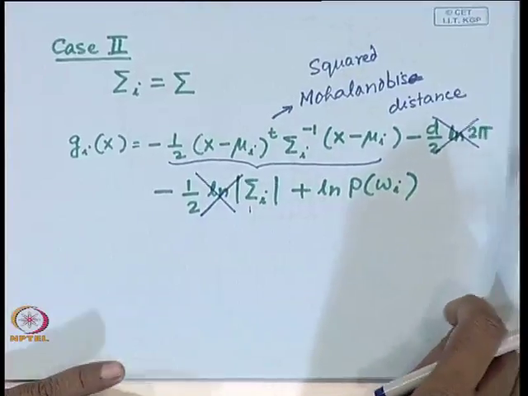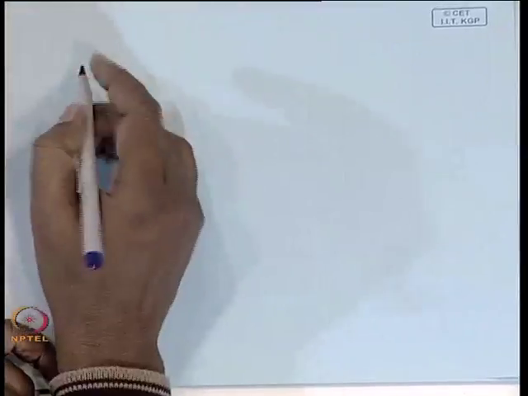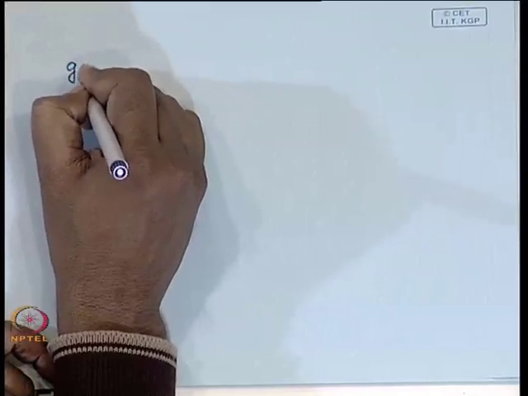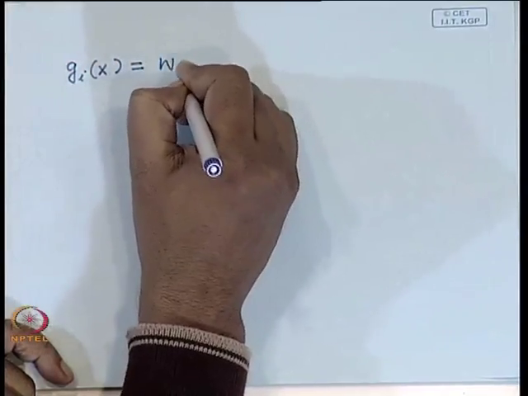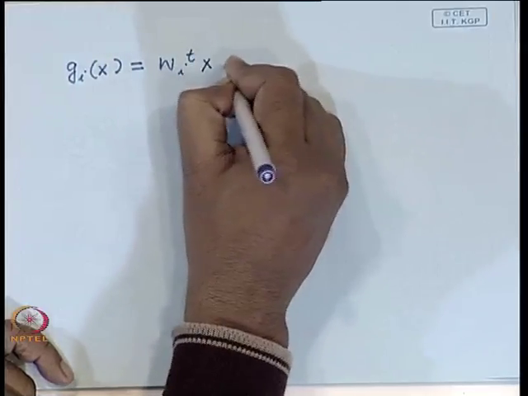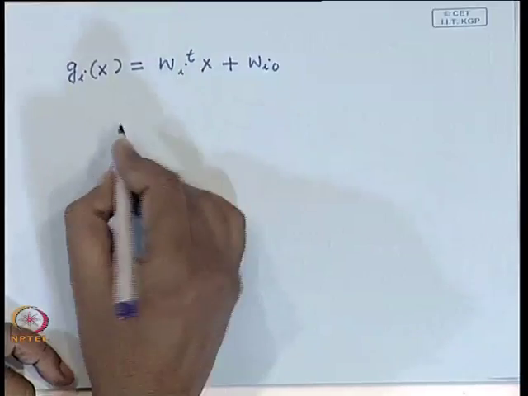As we have done before, if we simply expand this term, then you will find that the discriminant function g_i(x) will again be of the form w_i^T x + w_i0.